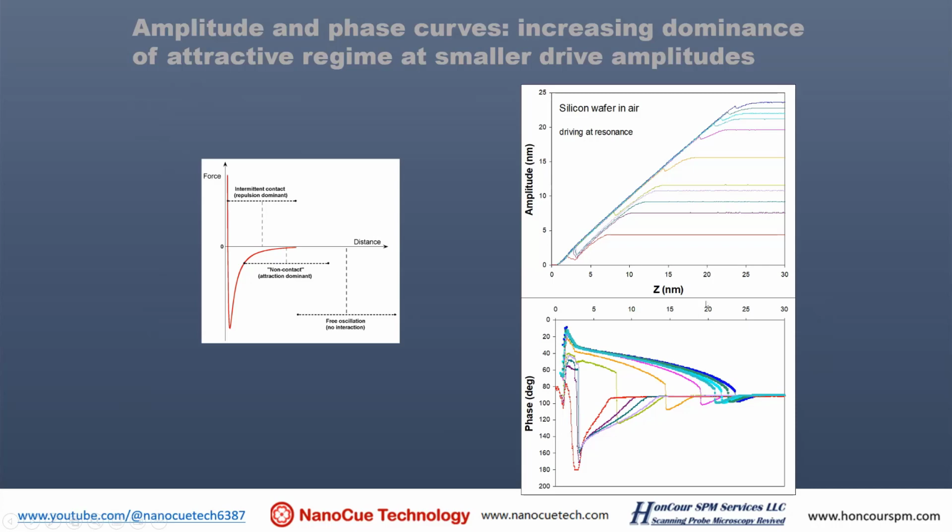What does this series of measurements tell us? If you drive the cantilever to oscillate at a very small amplitude, for example 5 nanometers, compared to driving the tip at a high amplitude, in this case 25 nanometers, you can actually change the region of your set point associated with attractive and repulsive force.